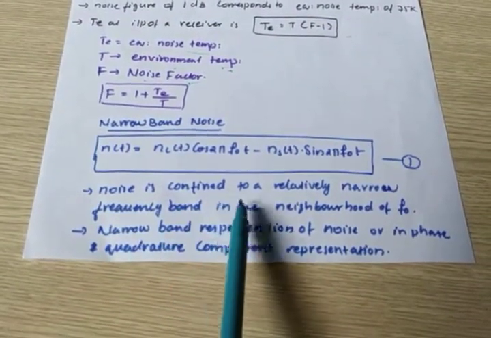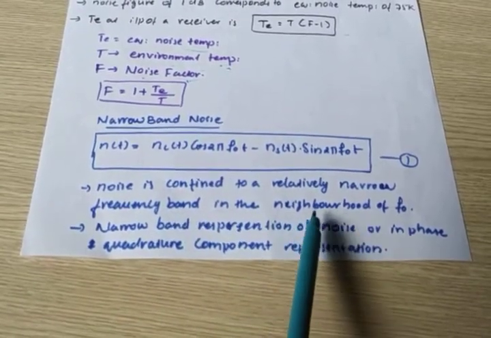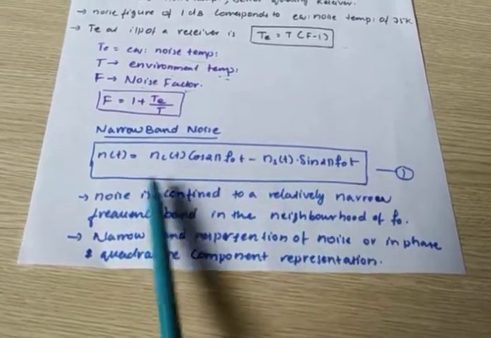Noise is confined to a relatively narrow frequency band in the neighborhood of f0. So this is the narrowband noise representation.